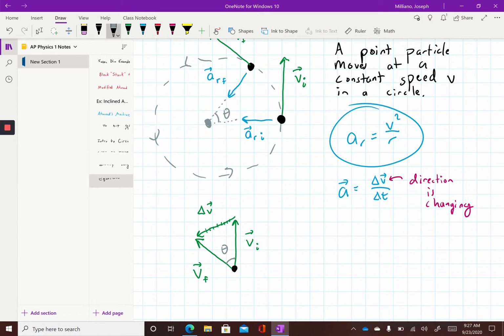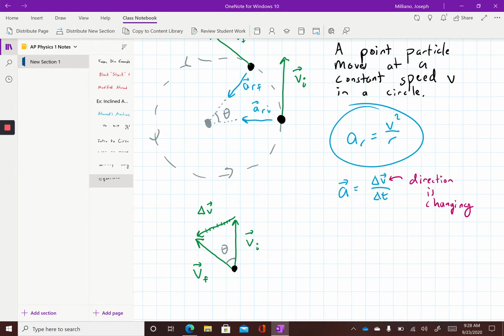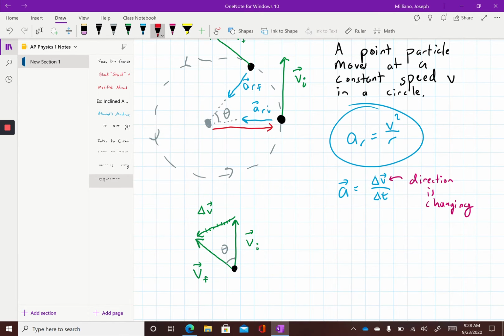Now, let's look at a similar triangle. But the triangle I want to look at now is the radius vector. And so I'm actually going to erase these radial accelerations and move them inwards. So I'm going to look at the vector that starts here. So that's our initial position vector if we're looking along the radial direction. And right here is our final position.